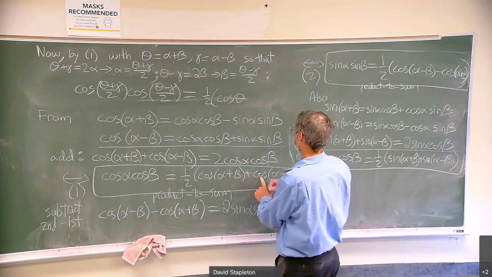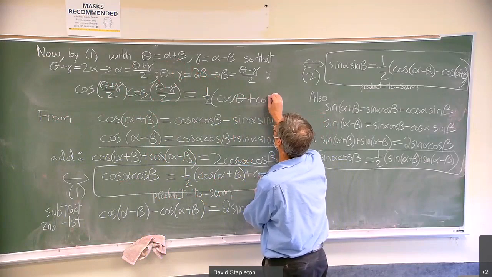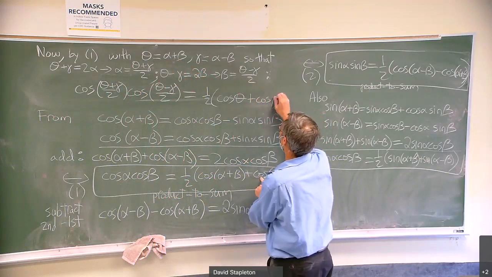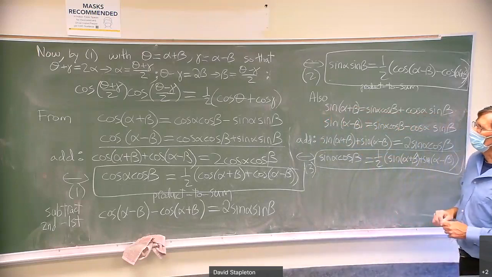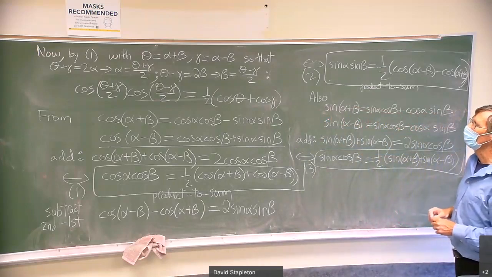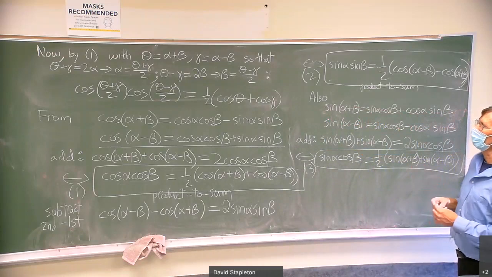And plus cosine of alpha minus beta is just gamma, so you have this equation. So just substituting into equation 1 with theta equals alpha plus beta and gamma equals alpha minus beta gives us that.